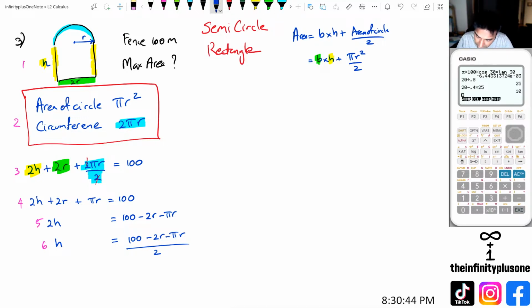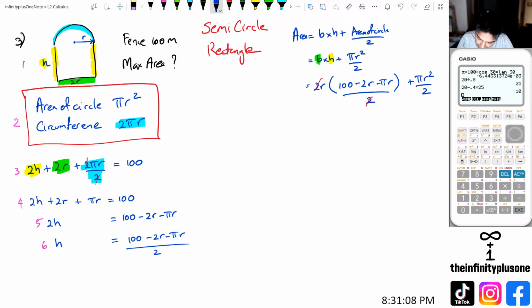Our h is just going to be h as it is. So I've got 2r multiplied by 100 minus 2r minus pi r divided by 2, plus pi r squared over 2. All I've done there is replace h with 100 minus 2r minus pi r over 2.